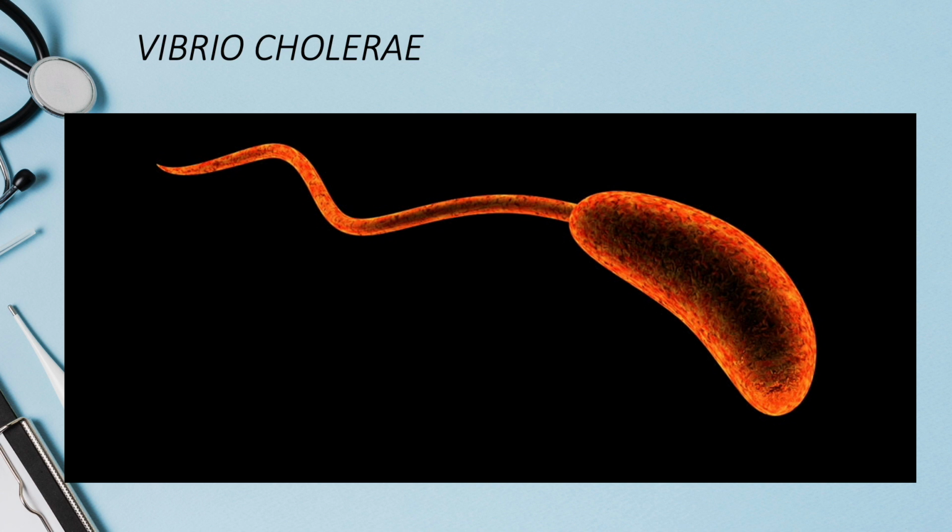If we are talking about its morphology, cholera is caused by a genus that is called Vibrio cholerae, and it can include several serovariants that are mostly pathogenic for humans.